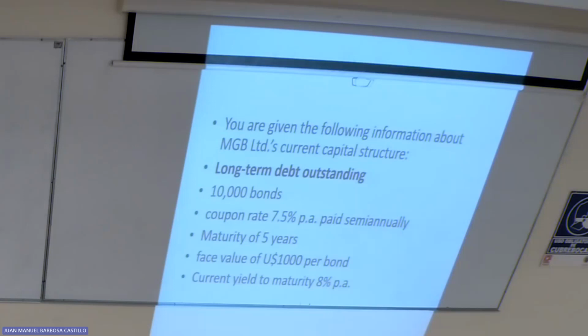The coupon rate is 7.5%. So what do I do with that? You sum and you discount it by the yield to maturity. But do I discount the coupon rate? No. The coupon payment, right?